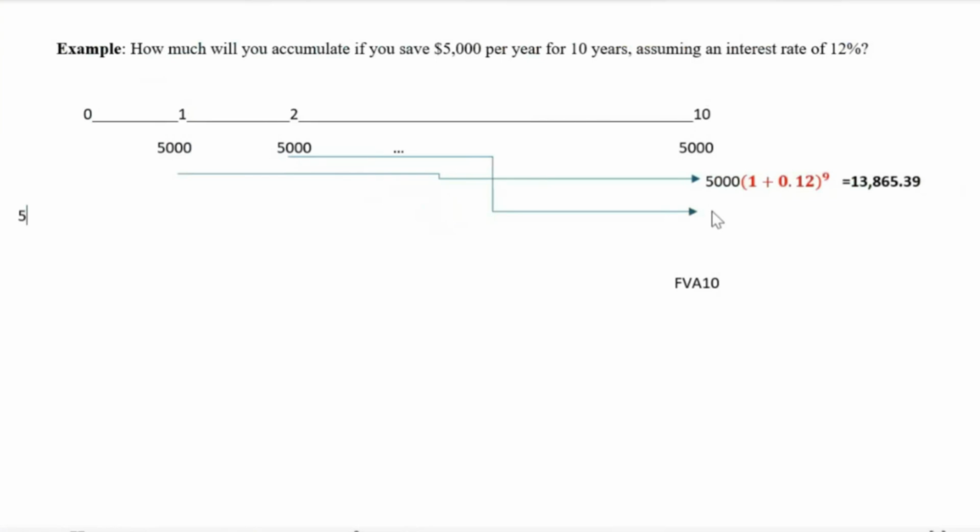So 5,000, this time everything is the same, but to the 8th power.